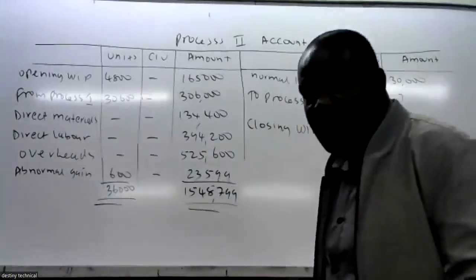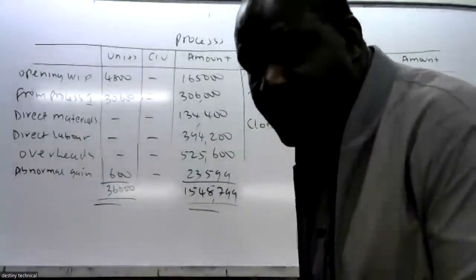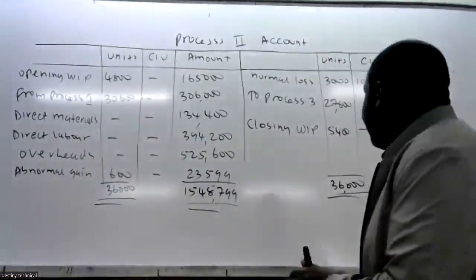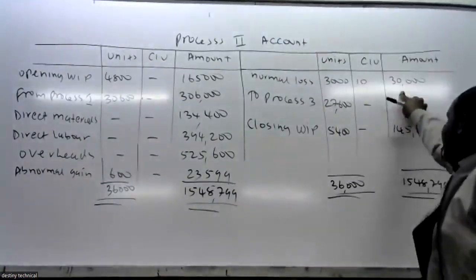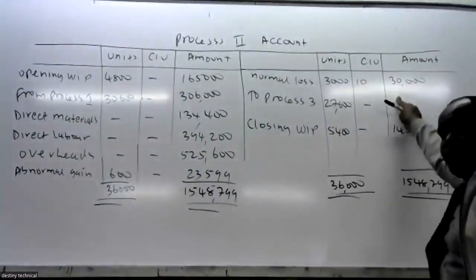What should be the balancing figure at that point?